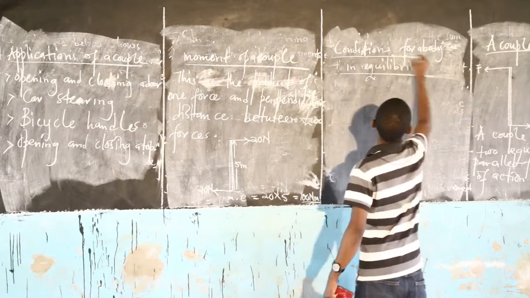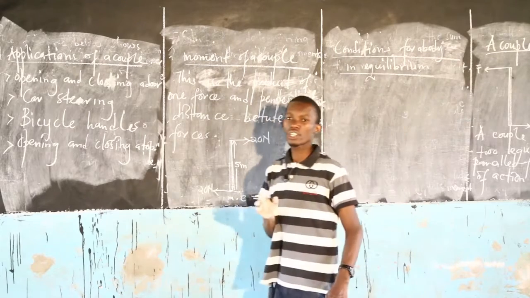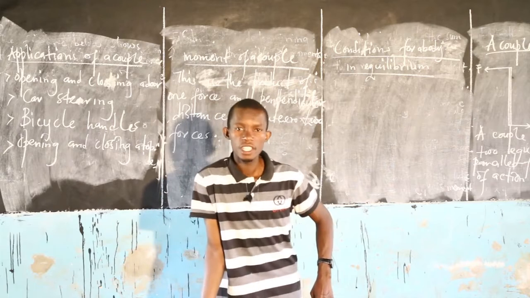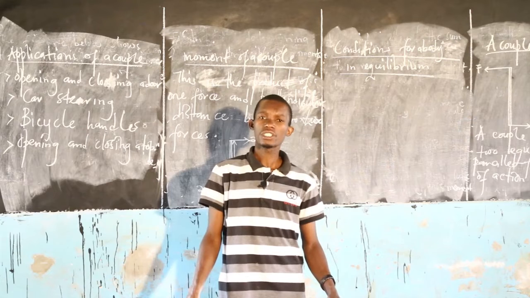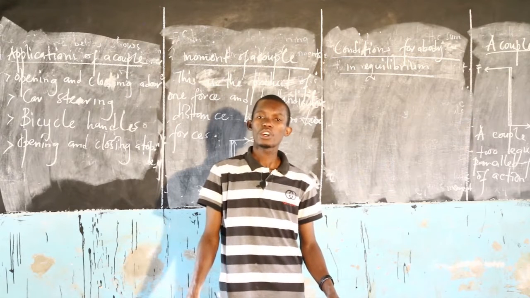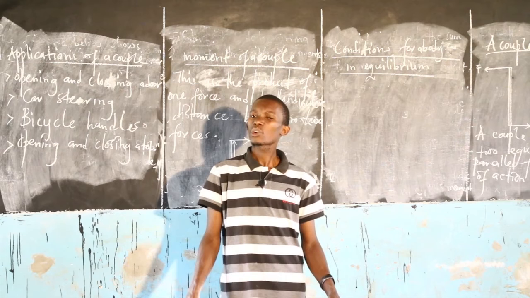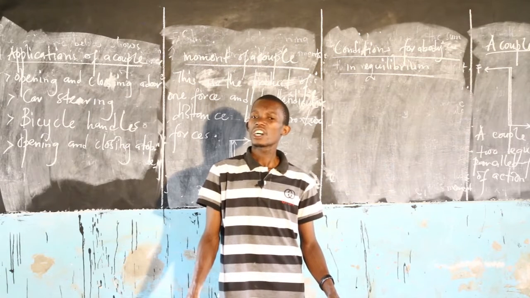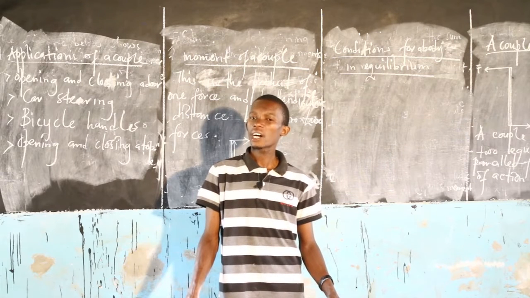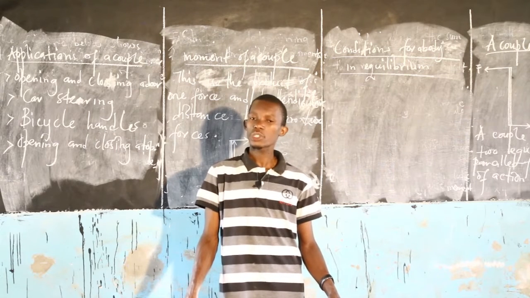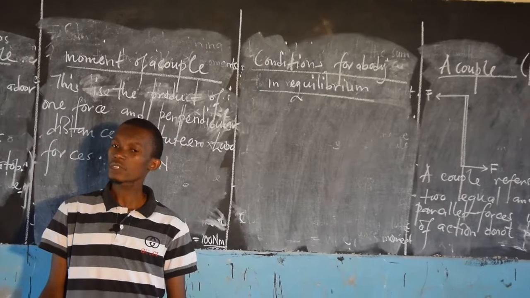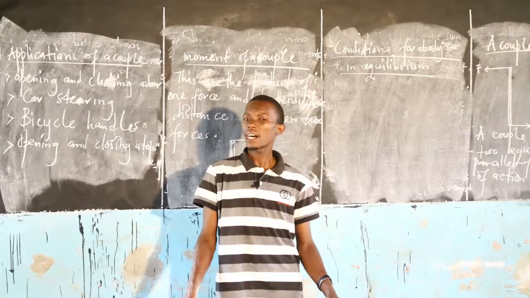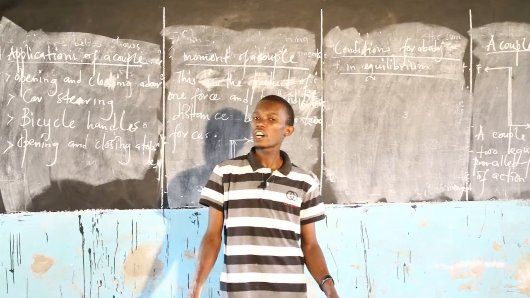Equilibrium. We have the two conditions. When a body is in equilibrium, the first condition is that the sum of clockwise moments about a point is equal to the sum of anti-clockwise moments about the same point.